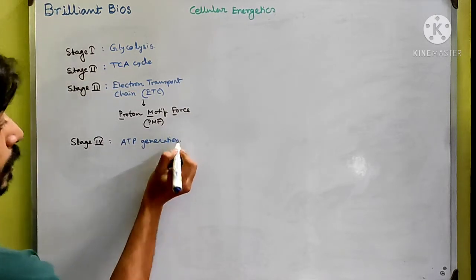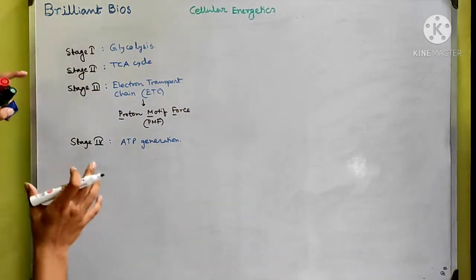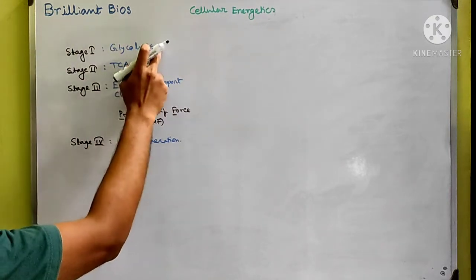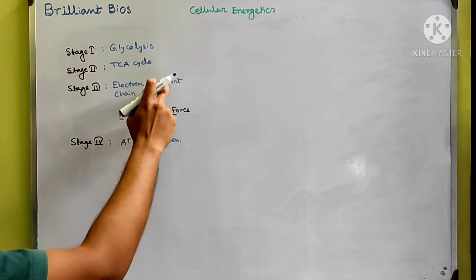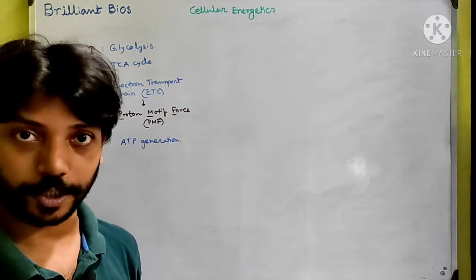So if I divide this cellular energetics lecture series, we can see that there are 4 stages. The first stage is glycolysis, second stage is TCA cycle, then electron transport chain, then the production of ATP by an enzyme called ATP synthase.